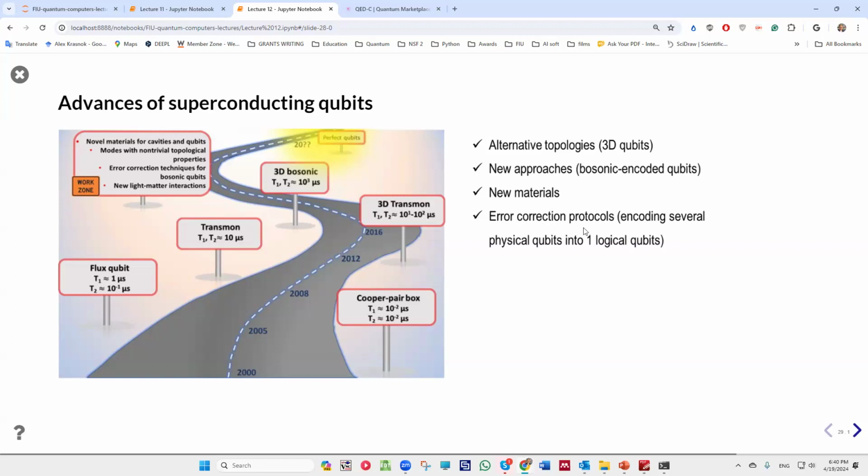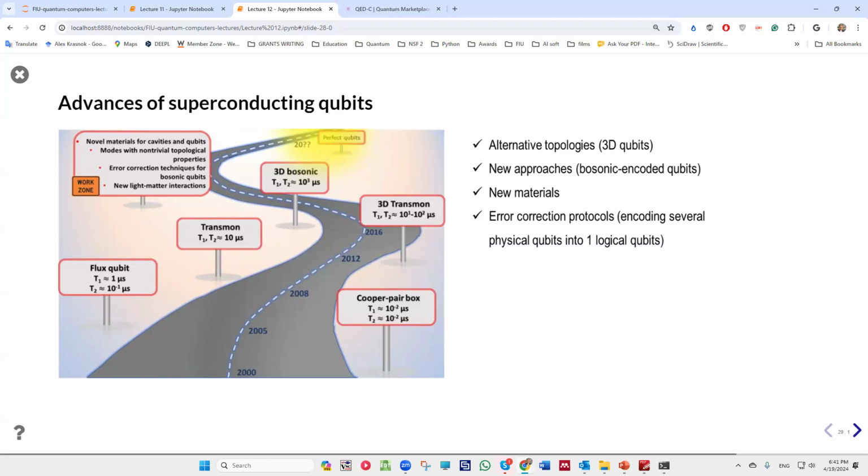Error correction, in a nutshell, is when you replace one physical qubit with a number of computational or logical qubits, or actually all the way around.